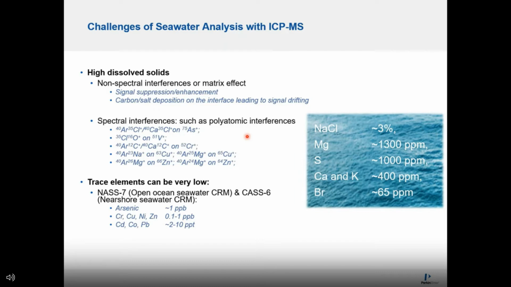For example, argon chloride and calcium chloride on arsenic, argon with sodium at mass 63, that will be copper, argon with magnesium on zinc at mass 64, chlorine with oxygen on mass 51, and of course argon with carbon on chromium. Now, the concentrations of trace elements are in a range of ppb down to ppt levels.